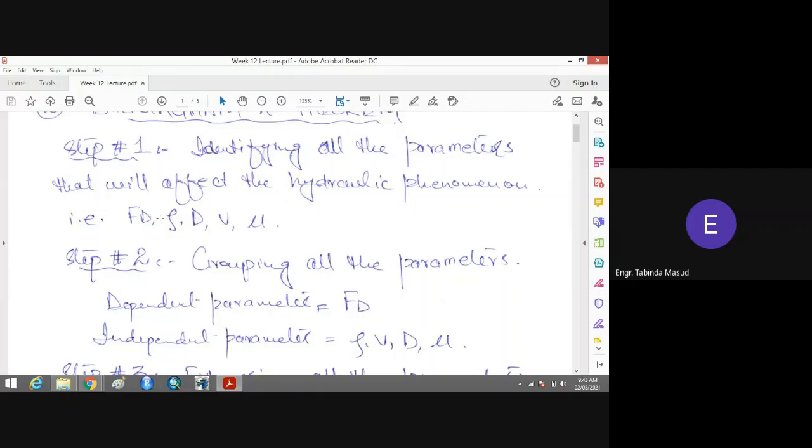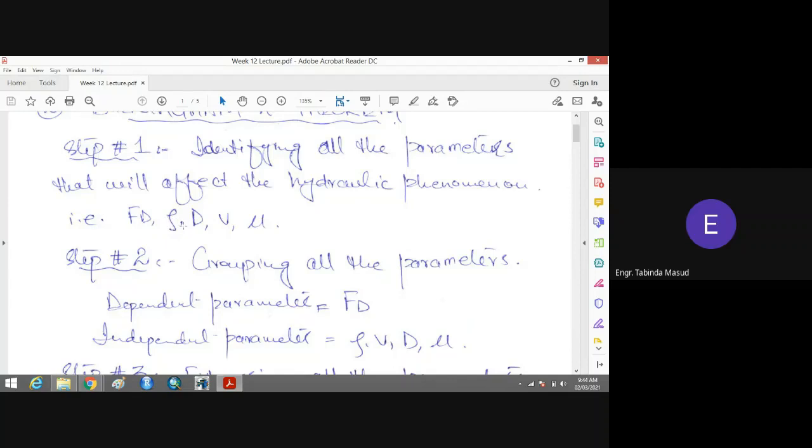First of all, remember, since you have 4 independent parameters, you will perform 4 sets of experiments. In the first set of experiments, you will hold 3 parameters constant and change 1 parameter, and check the effect of changing that parameter on the drag force.